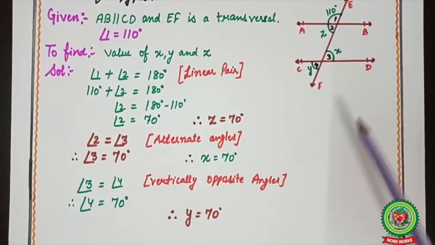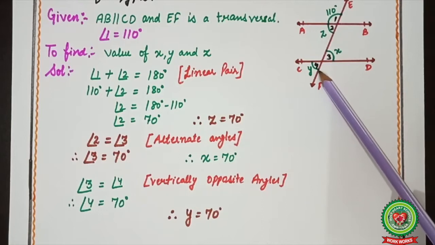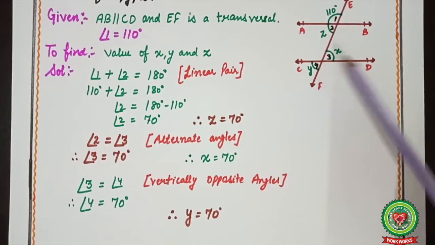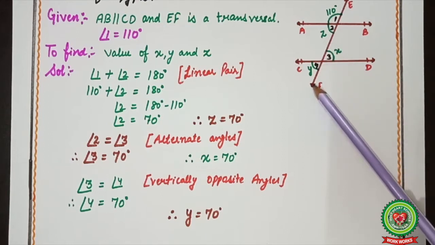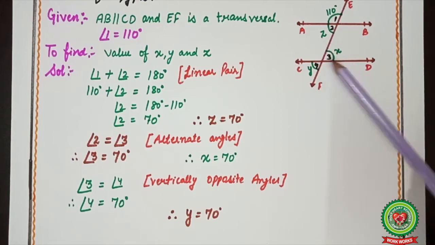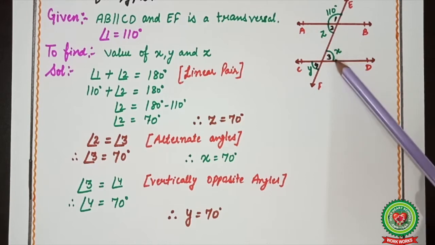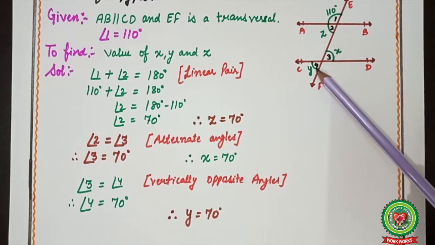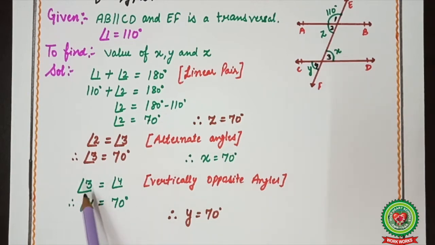Now next is how to find angle 4. Here you can see that there is the shape of X or a cross. In the cross or X shape, which type of angles form? Vertically opposite angles. That means angle 3 will be equal to angle 4, right? So here you will write angle 3 is equal to angle 4, vertically opposite angles.